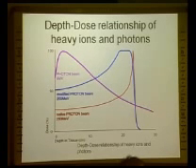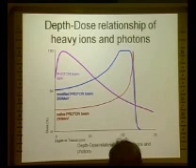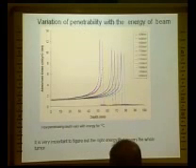The other important thing is that the blue curve is the modified proton beam, or we call it a spread out Bragg peak, SOBP. So you can stretch the narrow Bragg peak to the whole tumor, right? I will explain how we do this in the next few slides.